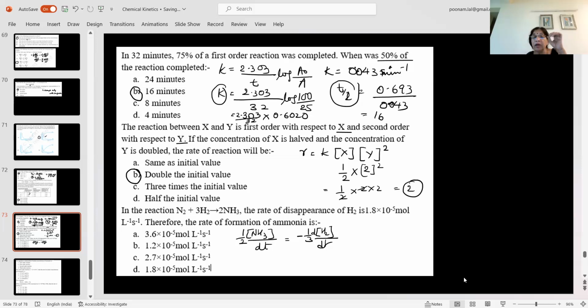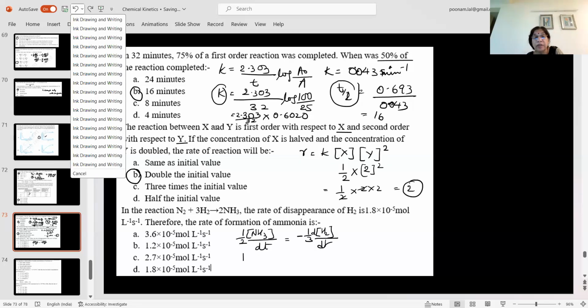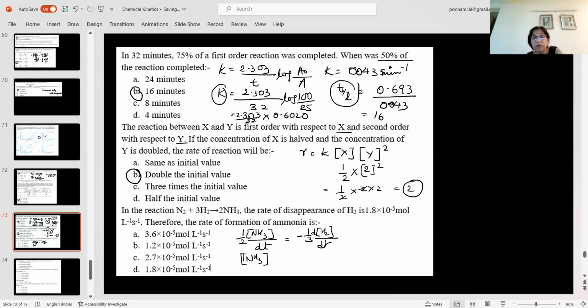Now this d[H2] by dt I know is 1.8. So what will be the rate of appearance of ammonia? Let me directly write it. d[NH3] by dt will be equal to 2 by 3 into d[H2] by dt.